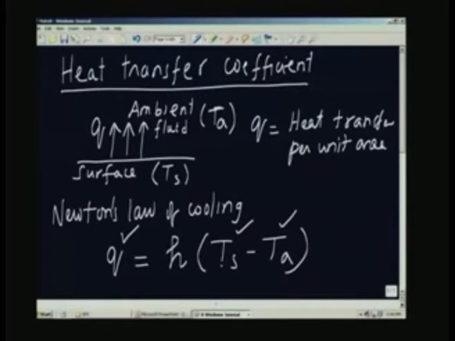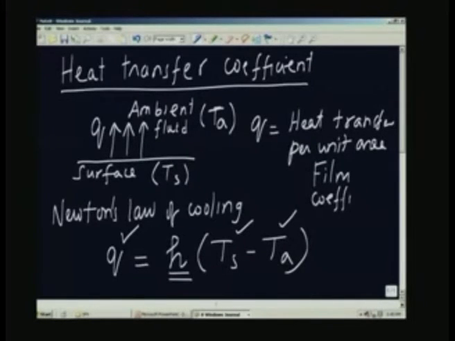Therefore, if I am going to use a probe to measure the heat transfer coefficient, I must make arrangement for measuring the heat flux Q. I must have an arrangement to measure the temperature of Ts. I also should have an arrangement for measuring the ambient fluid temperature. If I do that, then I will be able to estimate the heat transfer coefficient. The heat transfer coefficient is also sometimes called the film coefficient.